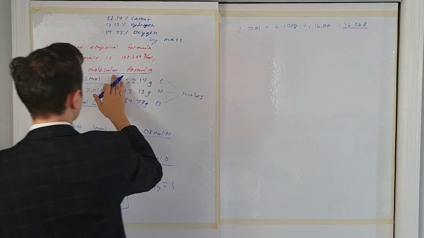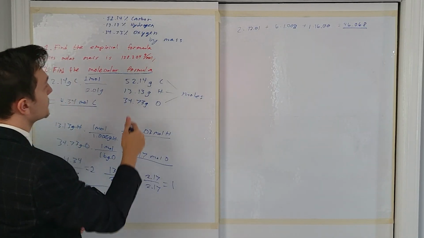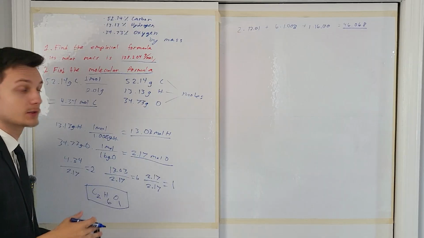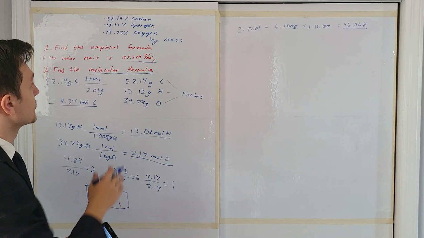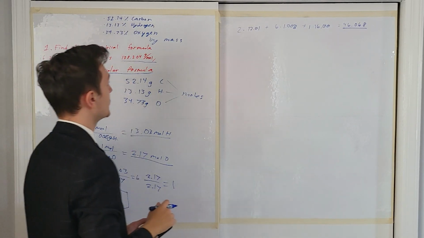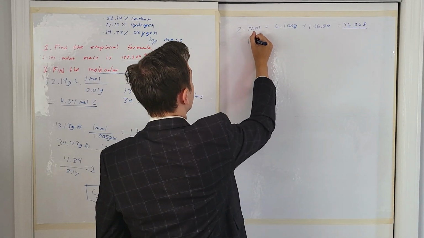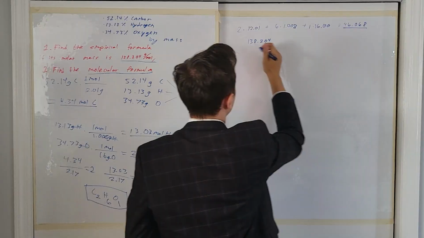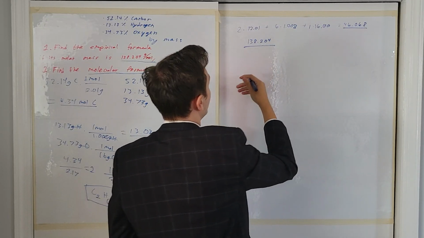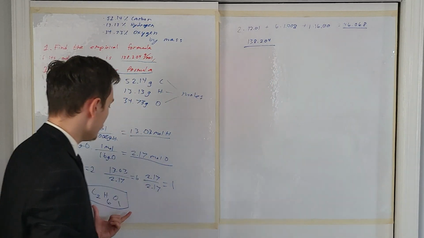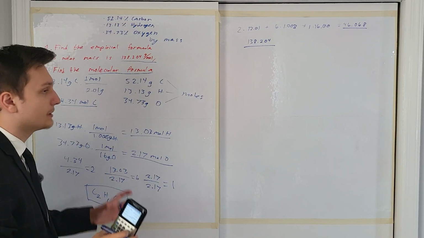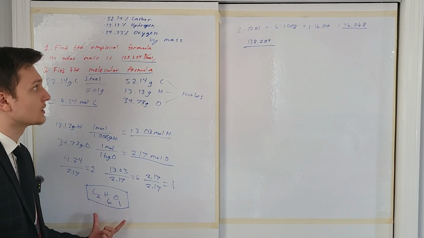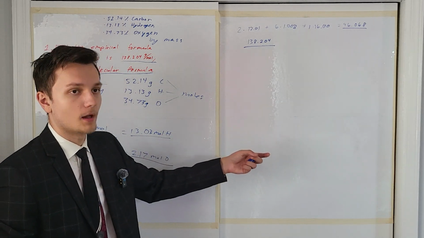Now, when I'm finding the molecular formula, the problem is going to give me the molar mass of one molecule of my substance, whatever it is. Okay? So I need to take this molecular mass, I'm going to write it here, and divide it by this number I calculated up here. I'm asking the question, how many of my empirical mass units, how many of these ratios are going to go into my molecule, okay?